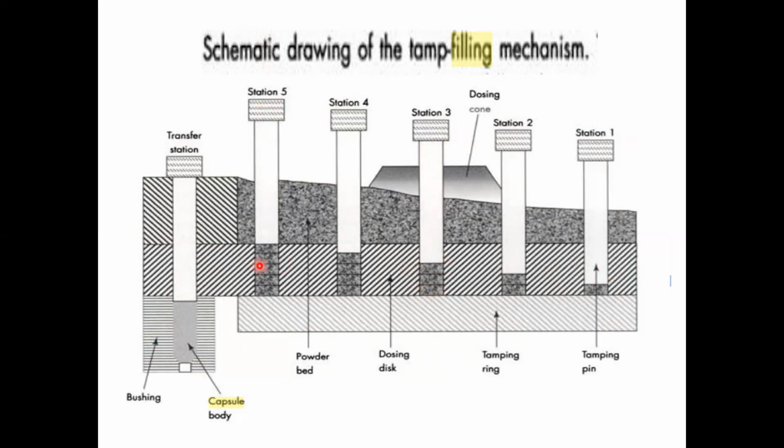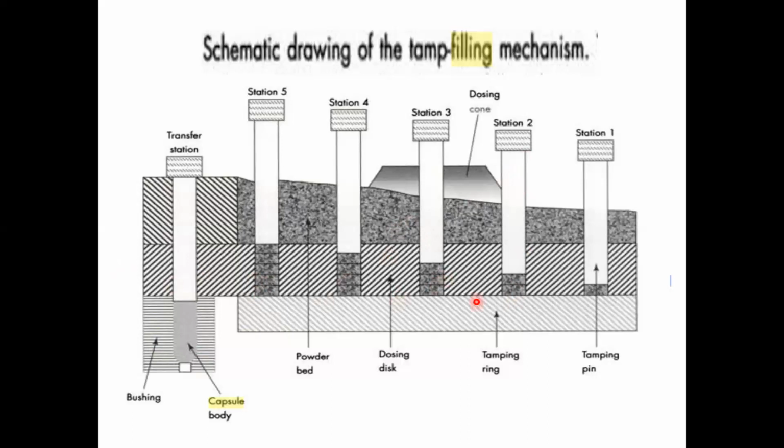There are 6 sets of holes in the dosing disc, so you have 6 sets of tamping fingers also. Once the machine is indexed, the tamping fingers are oriented exactly over the dosing disc holes. That is the indexing of the machine. The turret is stationary, meaning the whole assembly is not moving.